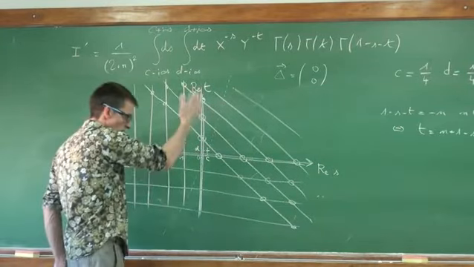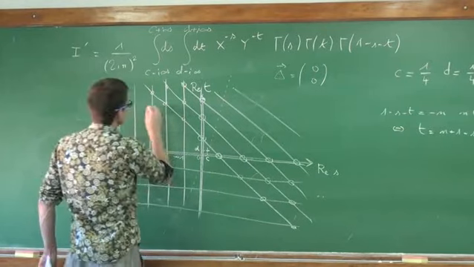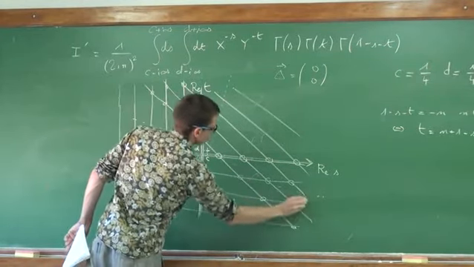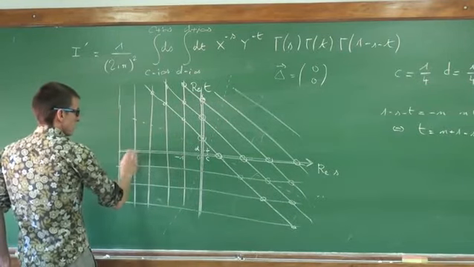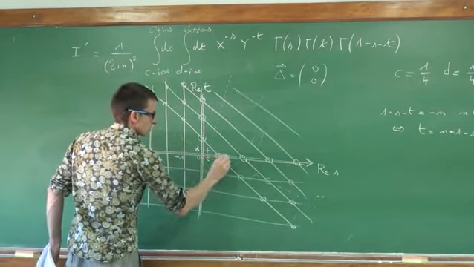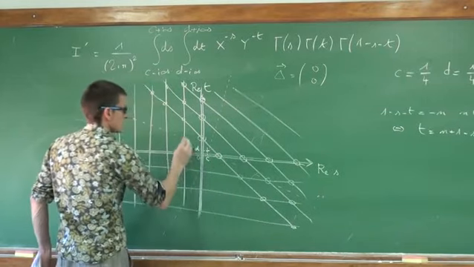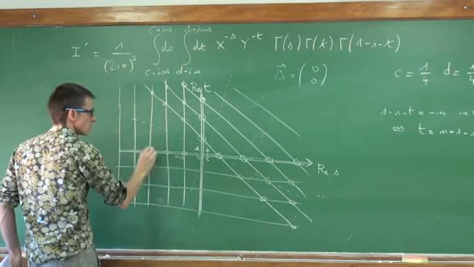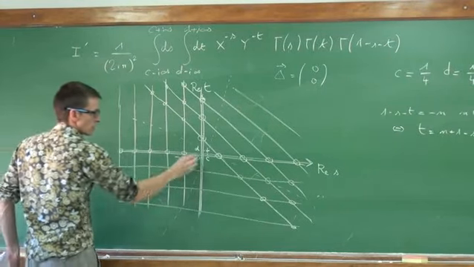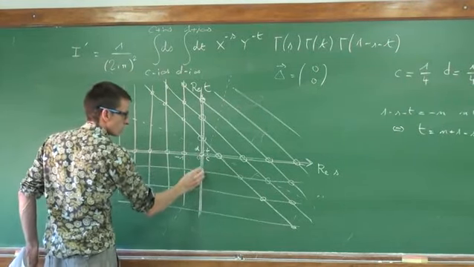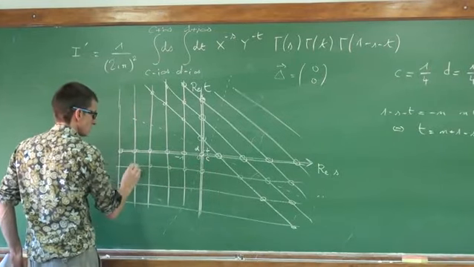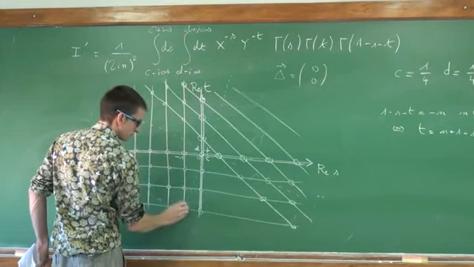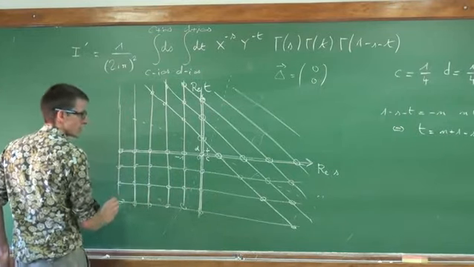So try to do the exercise. For instance, you take this dotted line. You will find that this line is crossing the dotted line here, and all these lines cross to the other side. So this is one set, and so on.